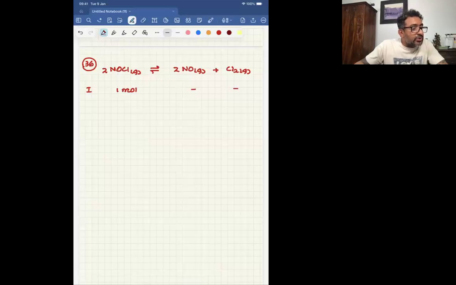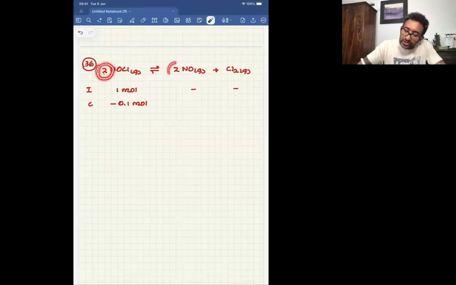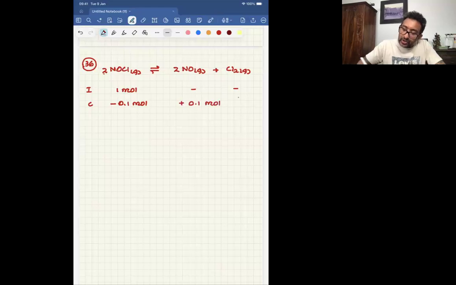If 10% of NOCl is decomposed when the equilibrium is reached at 500 Kelvin, calculate the Kc of the reaction at the same temperature. The change is 10%, so 1 minus 0.1 moles. 2 is to 2, so if 0.1 has reacted, here also you get 0.1 moles of NO. Chlorine is 2 is to 1, that means 0.05 moles.